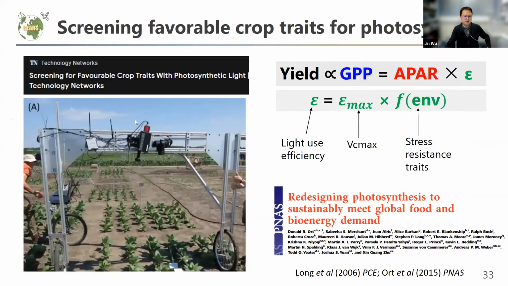Like the technique we mentioned before, if a mobile system can be a really efficient way to screen photosynthetic traits like Vmax, that potentially provides an avenue to screen for higher light use efficiency traits. The drone technique can potentially also be used in this case.